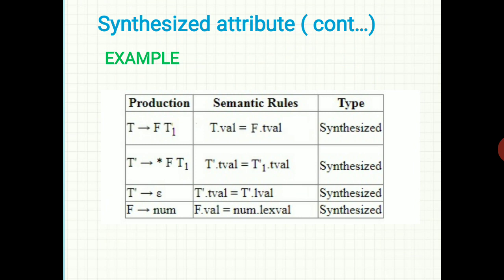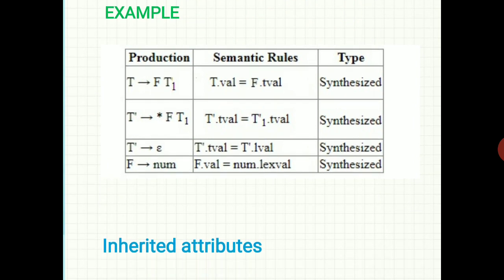And T produces epsilon. Here the value of T is assigned to the value of T. So it is also considered a synthesis attribute. Then the value of F is calculated from the num value, that is its child. So it also comes under synthesis attributes.